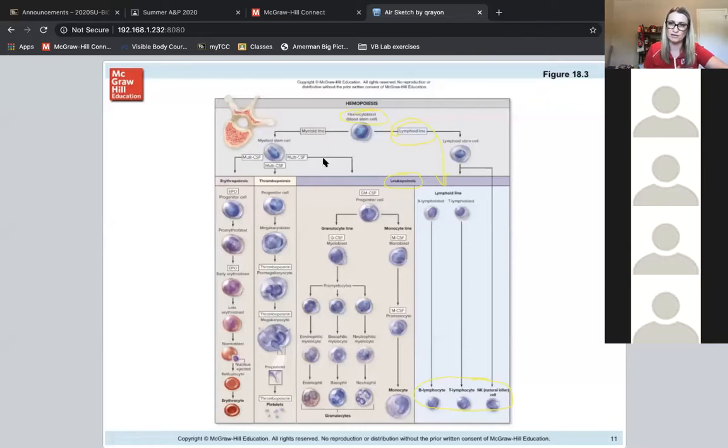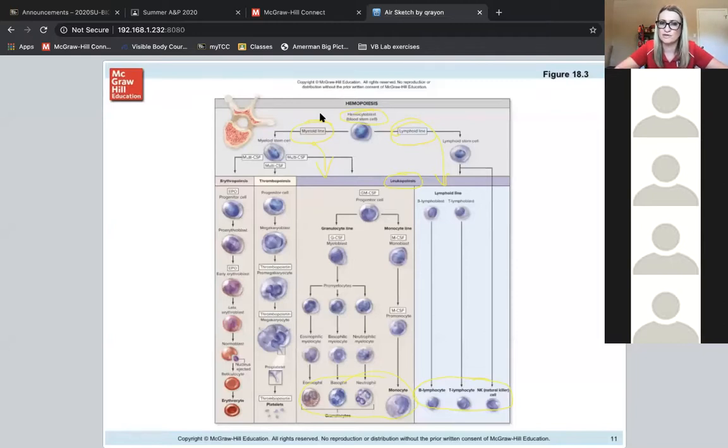Since we're talking about leukopoiesis, looking at this flow chart, you see that leukopoiesis can also happen from the other line, the myeloid line. So from the myeloid line, we can get leukopoiesis as well. And the leukopoiesis from the myeloid line gives you these guys.